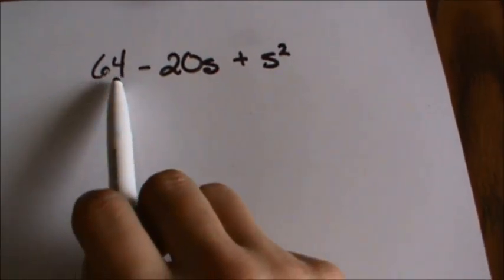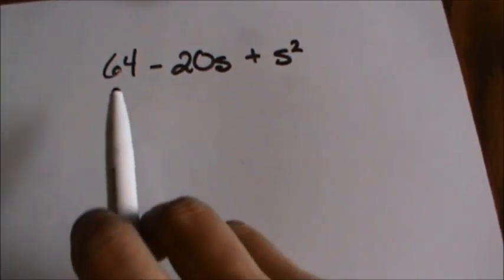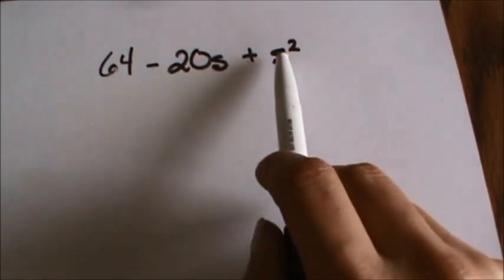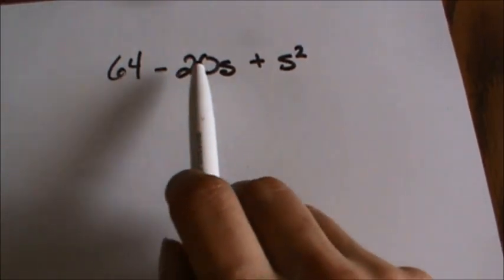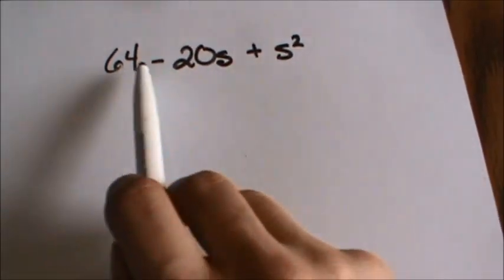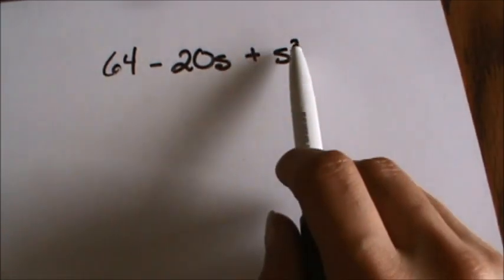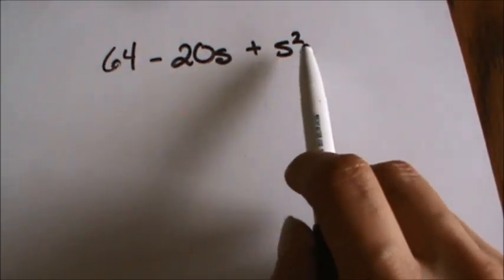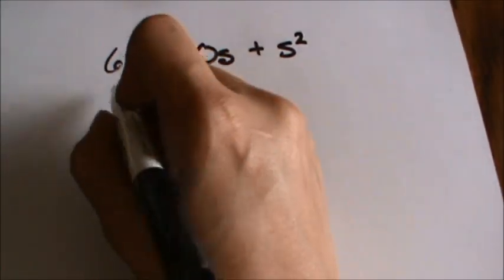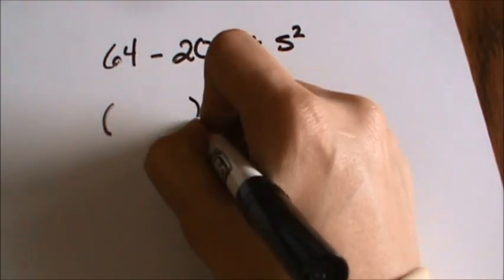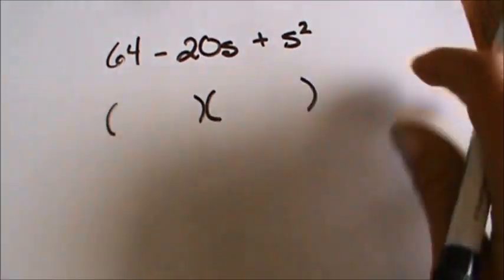Alright, so what happens now if the order seems all switched around? I have my plain old number first, and I have my squared term last. Now, I am still in order of powers. I have my lowest power first, then the s squared, so I'm okay. If the powers weren't in order, we would have to rearrange it, but we can factor it like this. So let's first think about what those factors would look like.